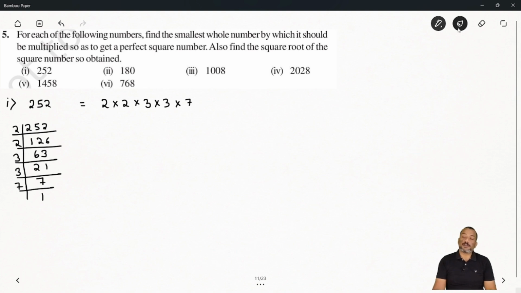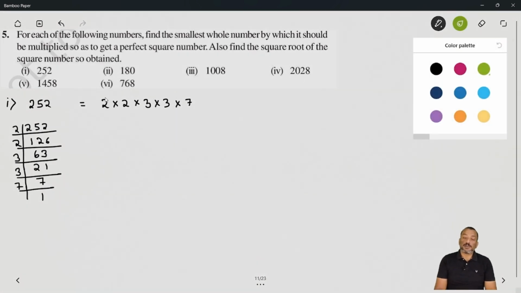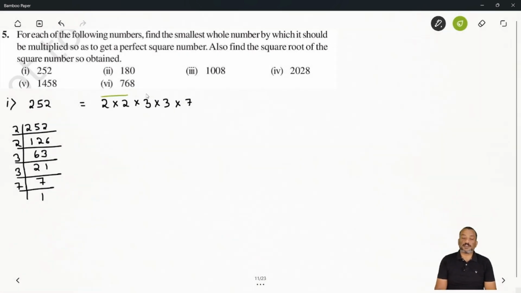Now here you can see in this question the factor 2 is in pair, 3 is in pair, but 7 is unpaired. So to make a pair of 7, what do we have to do? We have to multiply this number by 7.